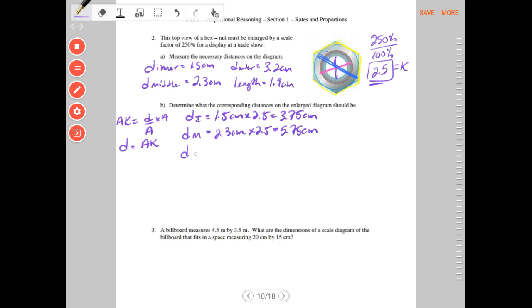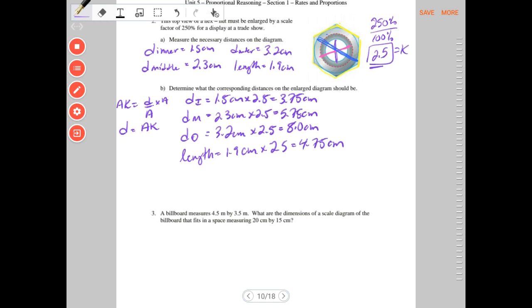The diameter of the outer was 3.2 times our scale factor of 2.5, which is equal to 8.0 centimeters. So notice again it keeps getting bigger. And the length was 1.9, and again times 2.5, it should be enlarged, and that's 4.75 centimeters.